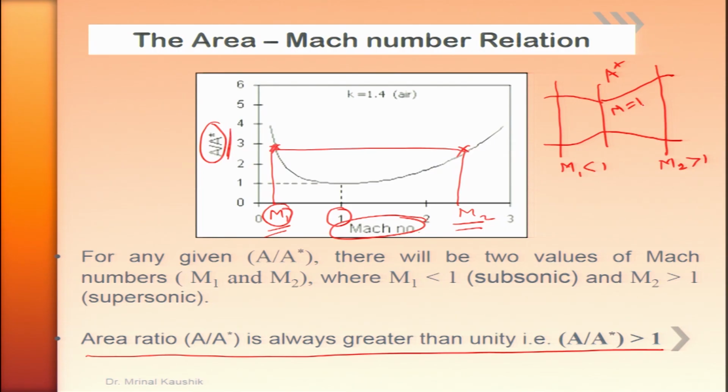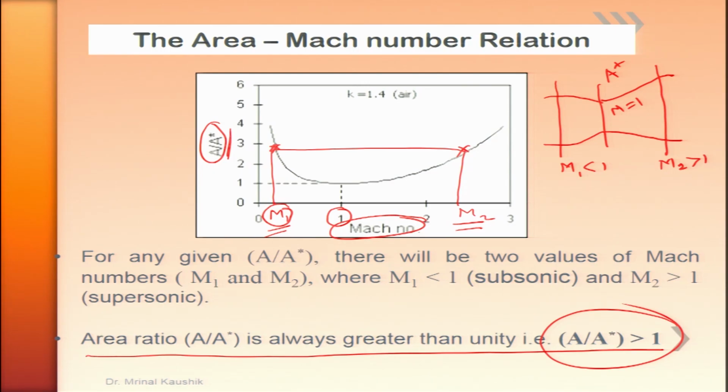Based on this principle only, convergent divergent nozzles are designed. One must keep this fact in mind. Moreover, this graph immediately draws attention to the fact that the value of A by A star is always greater than 1.